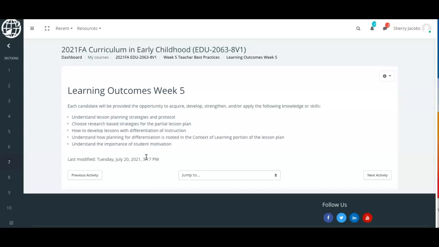As one of the people that helped author Ohio's REA, the Resident Educator Assessment, I will explain that when differentiation is discussed within a lesson plan, it's always rooted upon the context of learning portion.